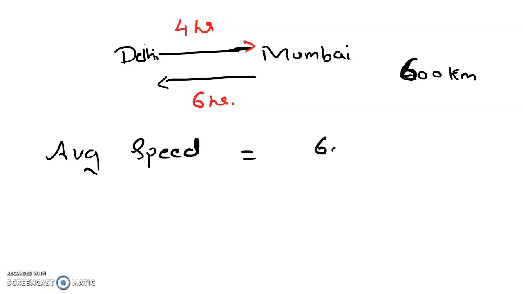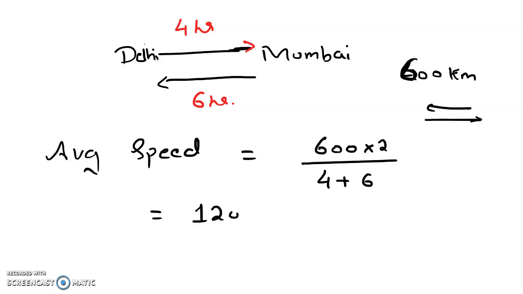Total distance would be 600 into 2, 600 going, 600 coming. Total time would be 4 plus 6. So this is 1200 divided by 10, so it would be 120 kmph. You getting that?